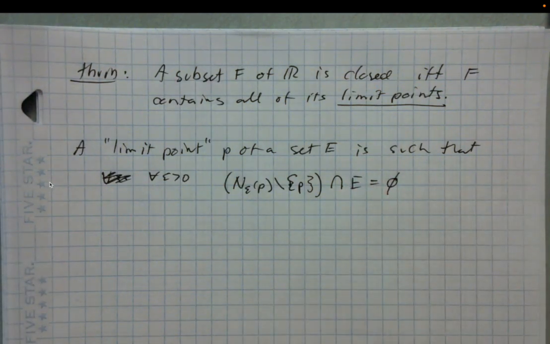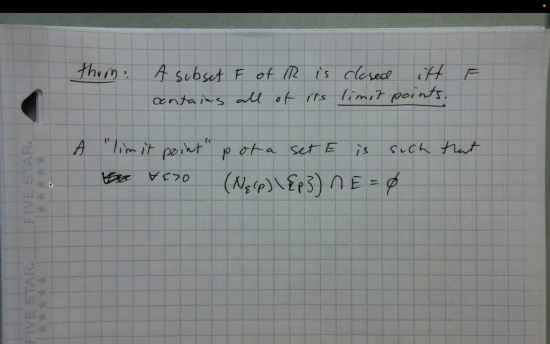Right. The basic idea is that a point P is a limit point of E if, no matter how close you get to P, you always have some element of E that isn't P inside your epsilon neighborhood. Another way to say this is that the epsilon neighborhood of P contains a point from E that is not P for all epsilon greater than 0.